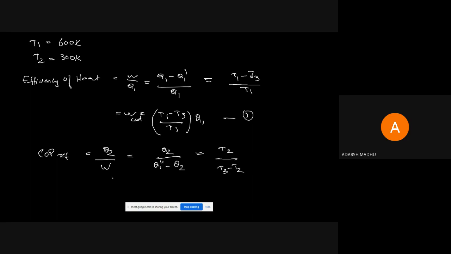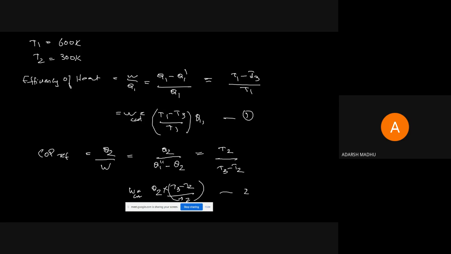So here write the equation for W: W equals Q2 into T3 minus T2 by T2, since this goes across and comes to the bottom. So we will get both equations for W Carnot, 1 and 2.